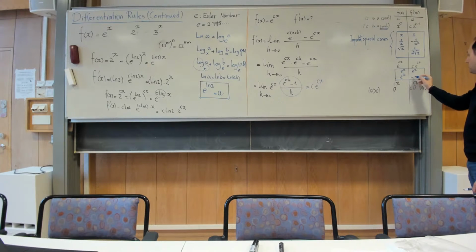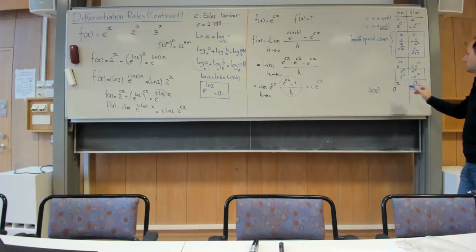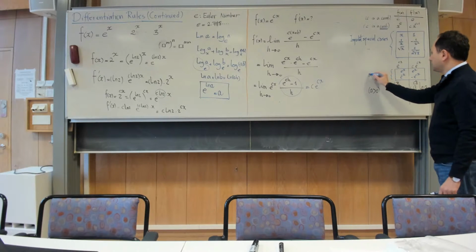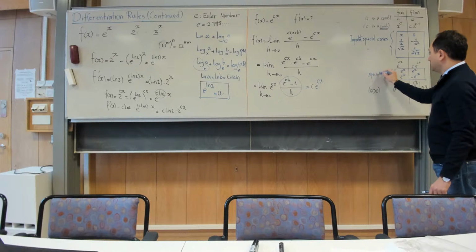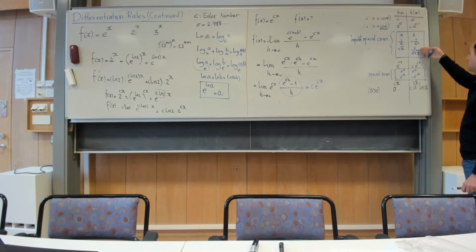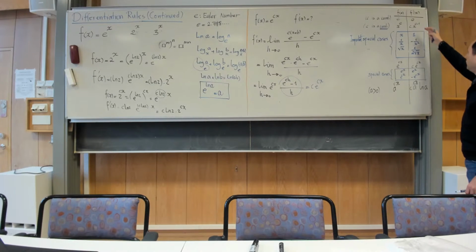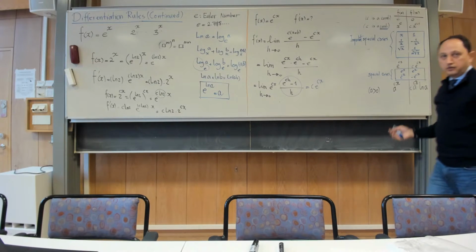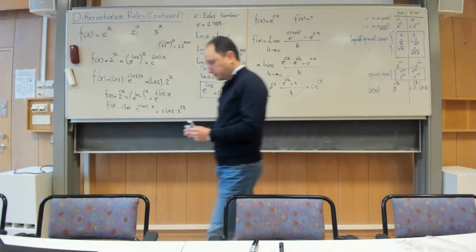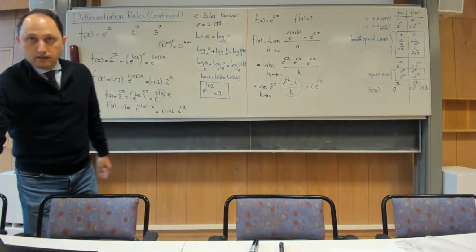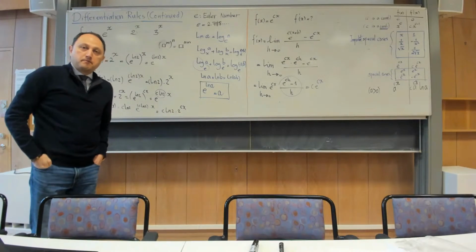The answer becomes minus e to power minus x. So special cases, yes? You don't need to memorize them. So these special cases are not in the formula sheet. Only the ones in black are given to you in the formula sheet. Okay, questions?